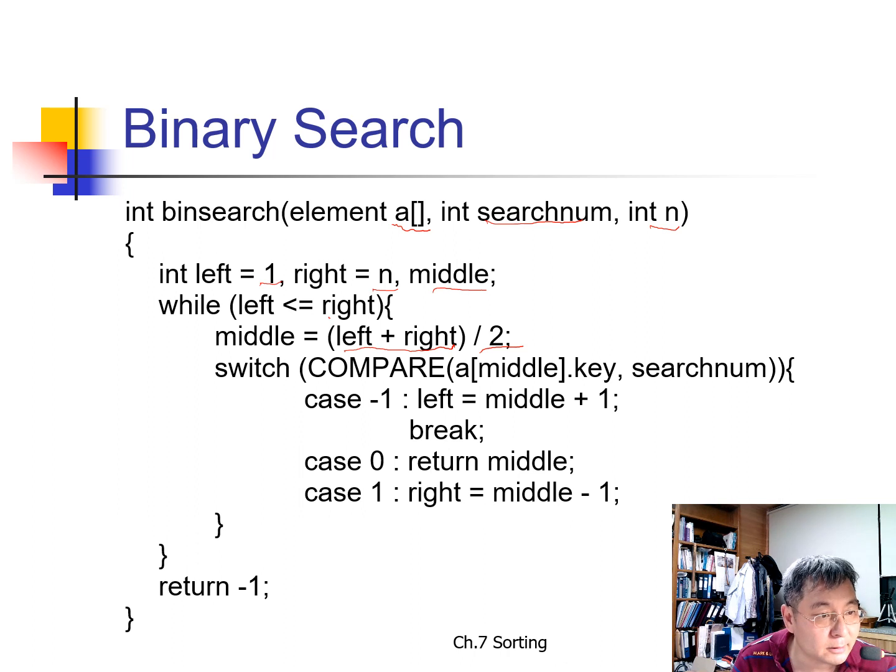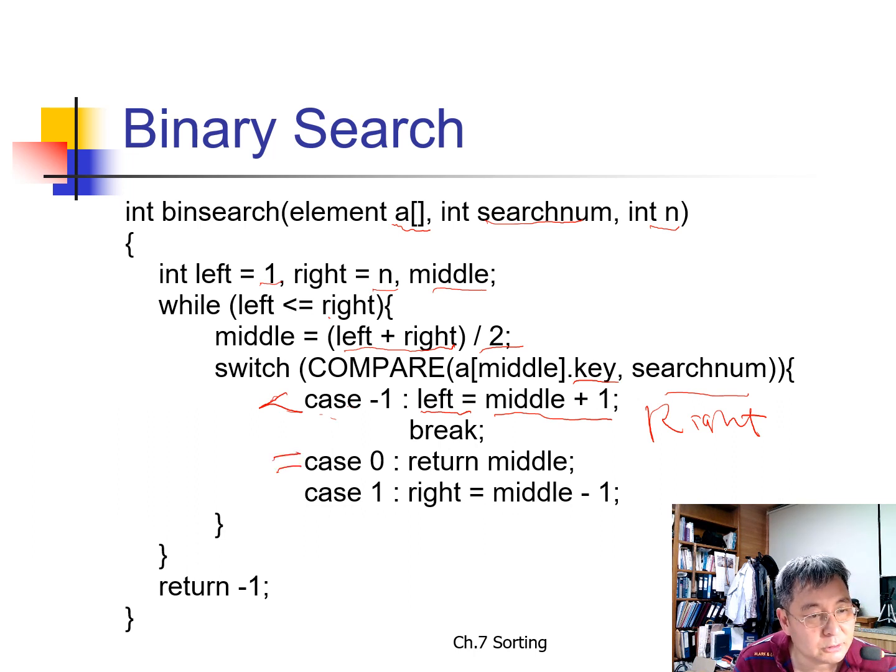Then compare the middle key value and searchnum. In case -1, the key value is less than searchnum, then we adjust the value of left to middle plus 1, which means that we will search only the right part of the given data set. And case 0 means that it is equal.